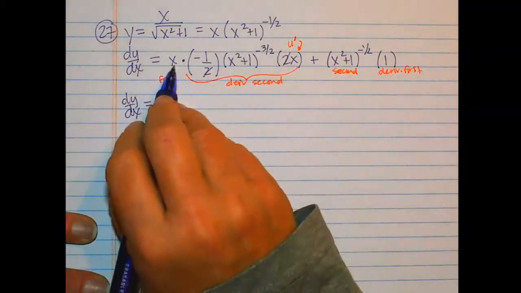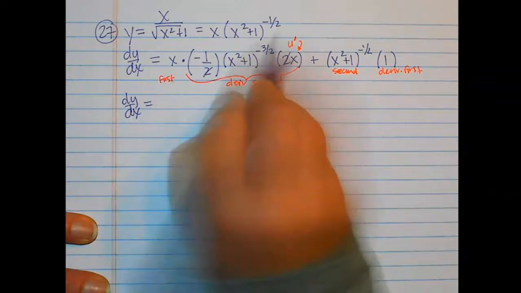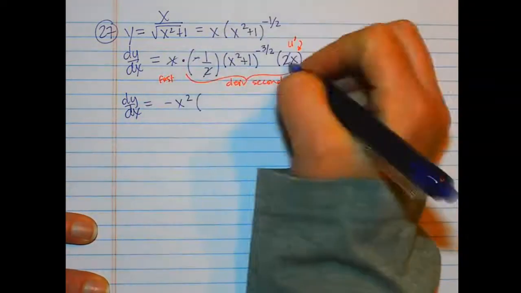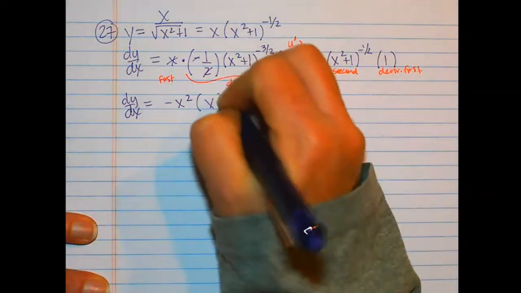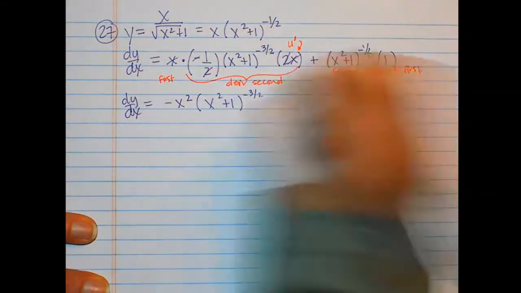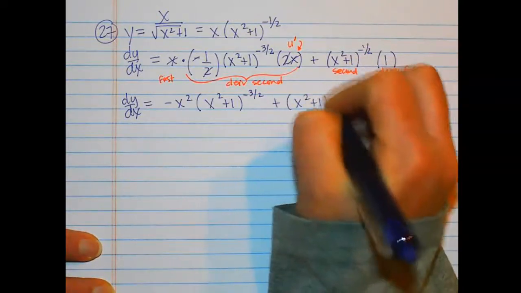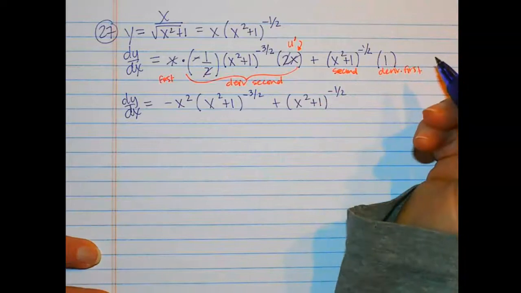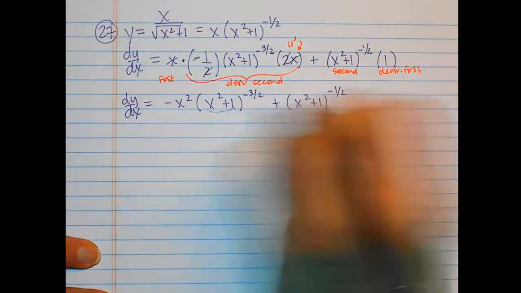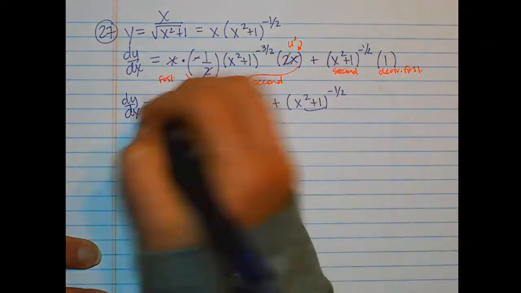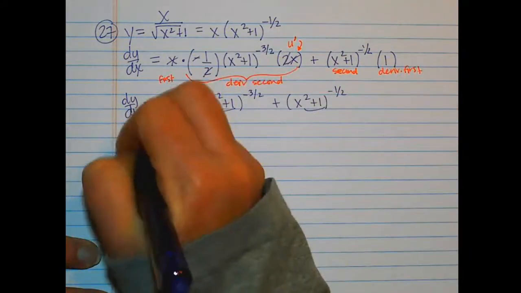I've got negative x times x, so negative x squared times x squared plus 1 to the negative 3/2 power, plus x squared plus 1 to the negative 1/2 power. We're going to factor out this common factor. I can't solve it like this. We have to factor it so we can set it equal to 0 and get our tiny equations to solve. So I need to go ahead and factor this. It's the best way to see the derivative.